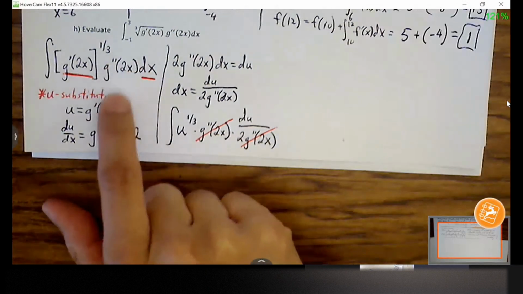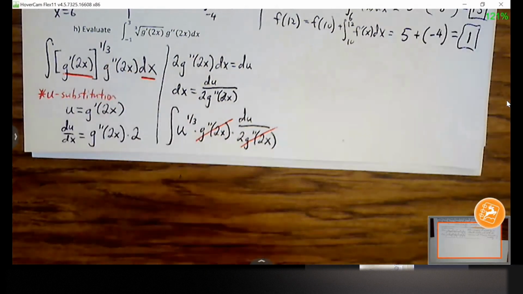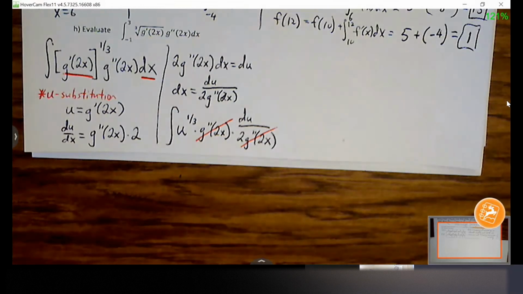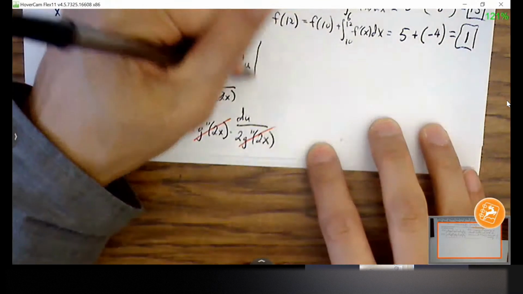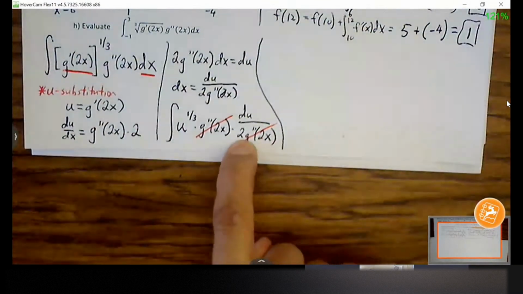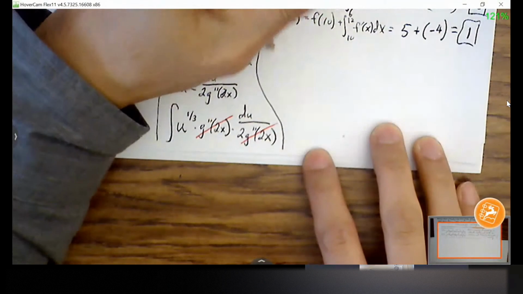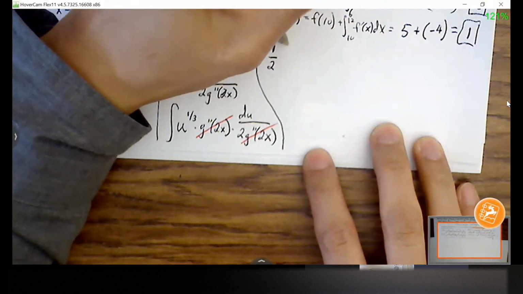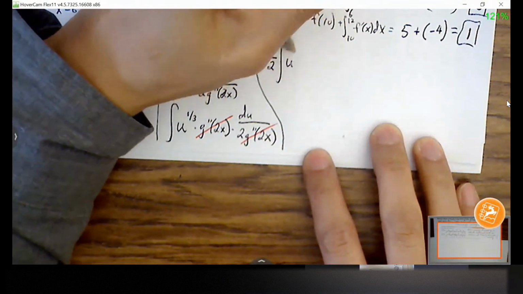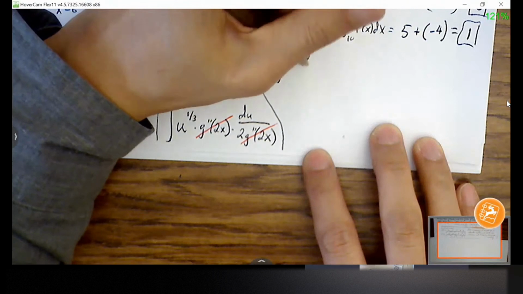If you do a u substitution and it doesn't clean up to something recognizable, chances are we probably didn't choose a large enough u value. But yeah, there's that 2 that still remains. We're going to push that 2 out as a 1/2. And now we have a nice and clean power rule problem.